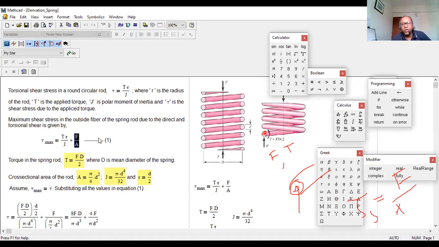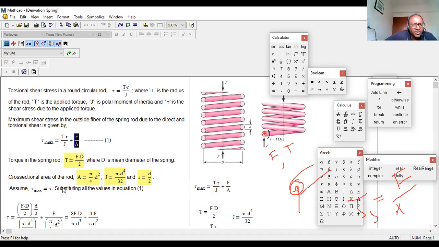Now, due to the torque, which is md by 2, what is the formula? Tau equals TR by J. So that we put over here. So the maximum shear in the spring will be the summation of direct shear stress plus torsional shear stress.